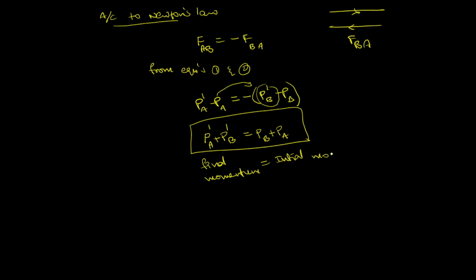The total momentum of the system remains constant, and the system is an isolated system. Here the momentum doesn't change. That means initially there is one momentum and finally another, and they are both equal. That means here momentum is conserved.